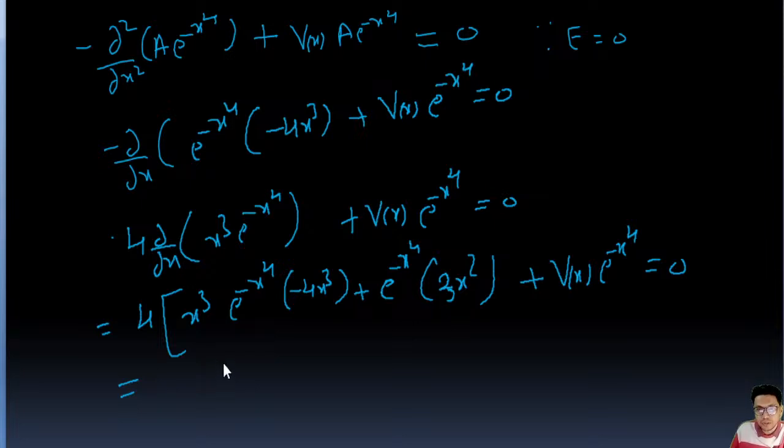So this is going to give minus 16x to the power 6 plus 12x square, and then plus Vx equal to 0, so value of Vx is going to be 16x to the power 6 minus 12x square. So this is the answer, guys.